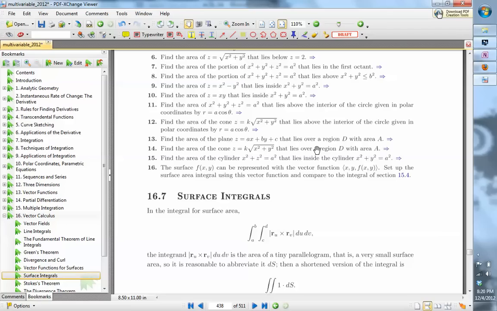So you parameterize, you do r_x and then r_y, and you take the cross product and the magnitude of the cross product. Yes, that's right. It's a lot of work. Then in my integral, I end up with the square root of a squared over a squared minus r squared. Sure, I'll believe you. How do you solve it?